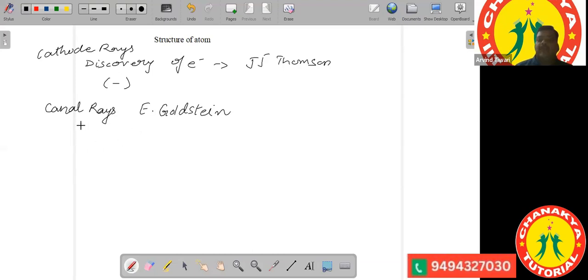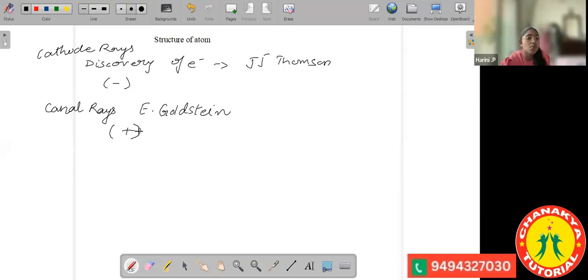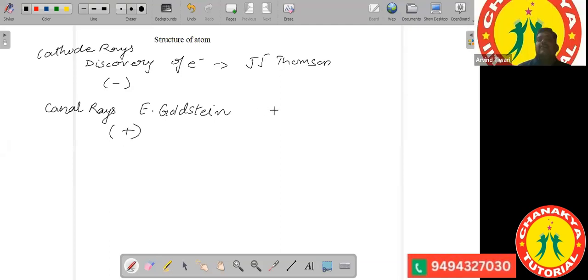And which type of particles were they? What charge do they bear? Positive. So canal rays bear positive charge and they were called as the protons. If you talk of the mass, the mass of proton was greater than the mass of electron, by about 1,000 times.